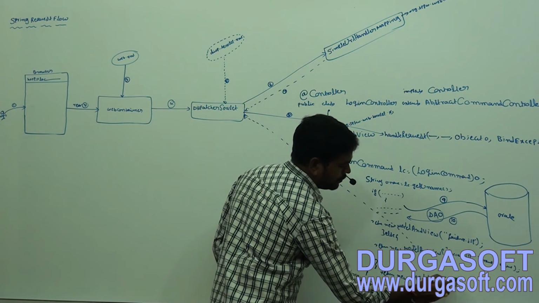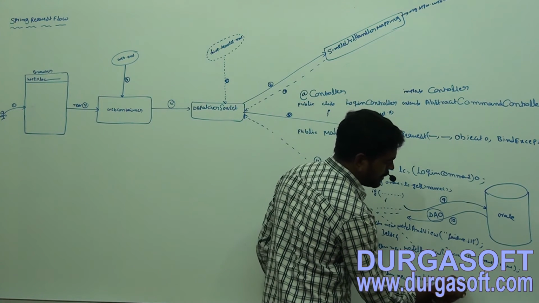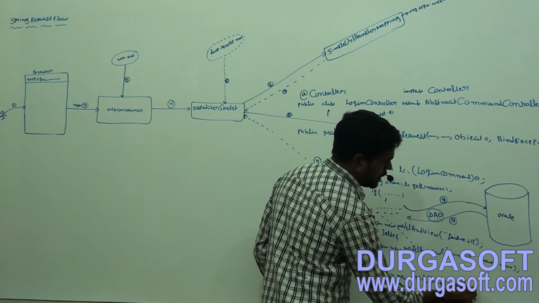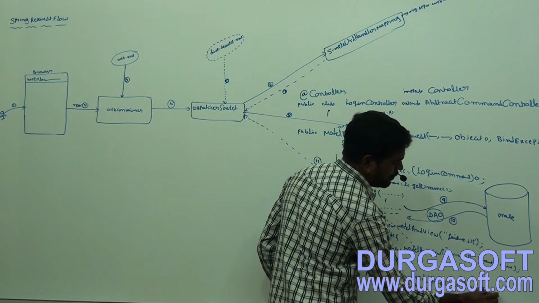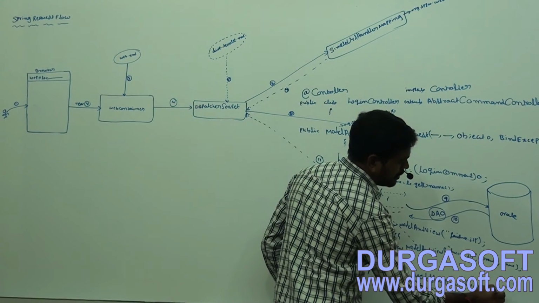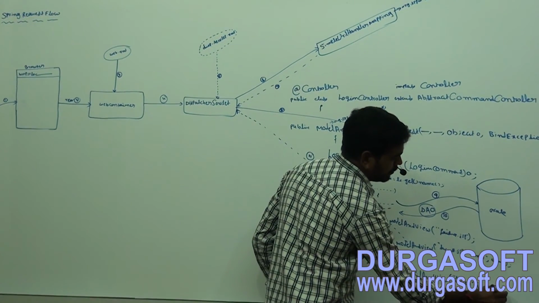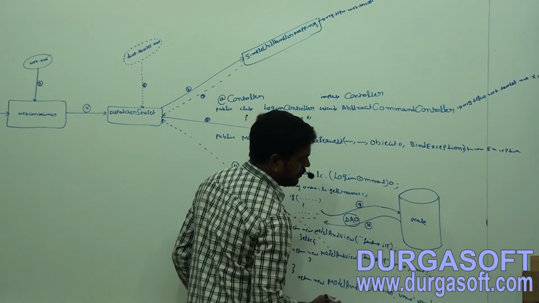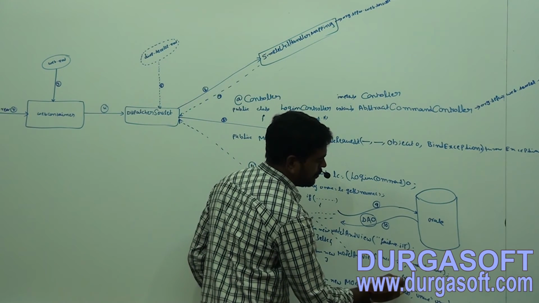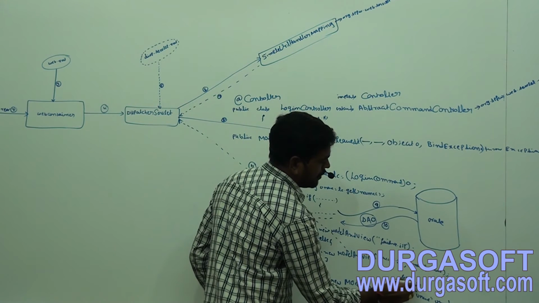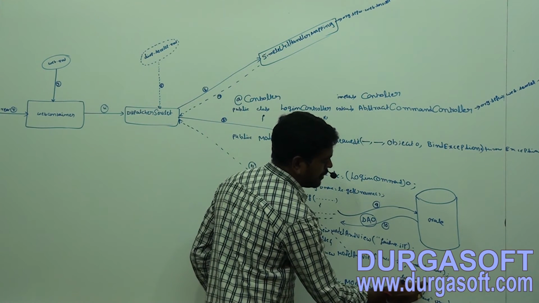Now here success, the next uname, the next model data. This is logical name, logical name. This is what? Key.